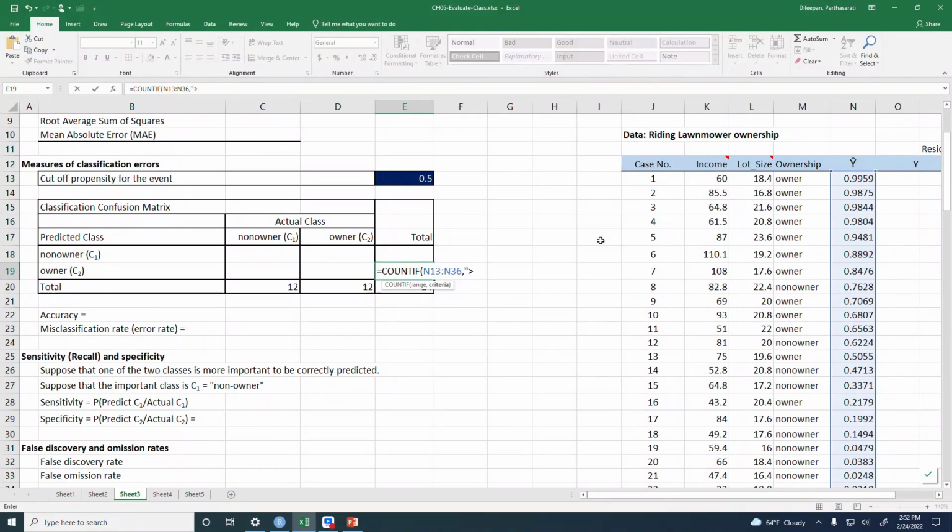by you need to concatenate this greater than sign with that. Okay. So these two will be combined, so you get greater than 0.5.